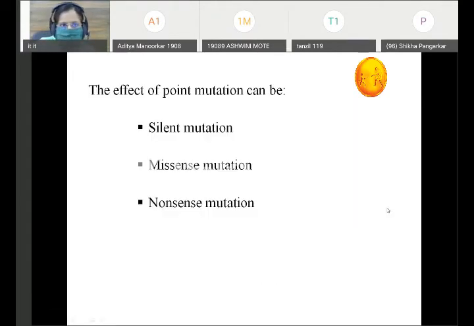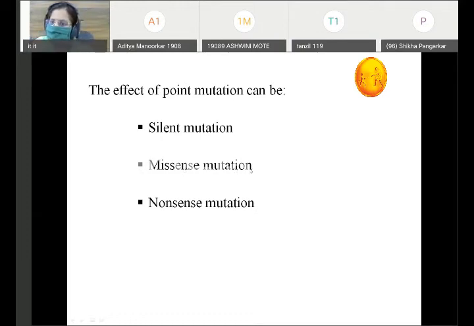Now, what are the effects of point mutation? First, as we have seen, a silent mutation: even if a single base pair is changed, it will not change the amino acid specified by that particular codon. So this mutation will go unnoticed and is called a silent mutation. Second one is missense mutation.